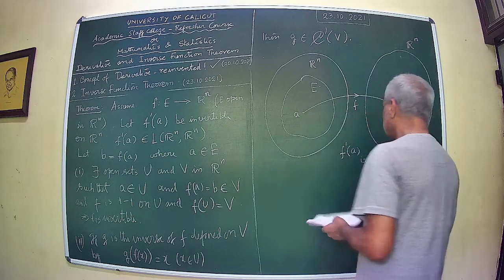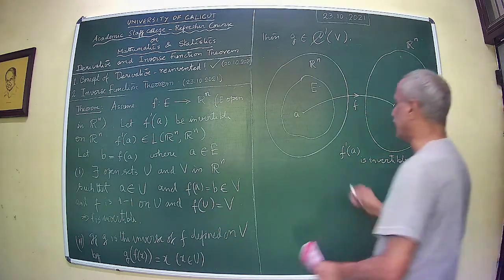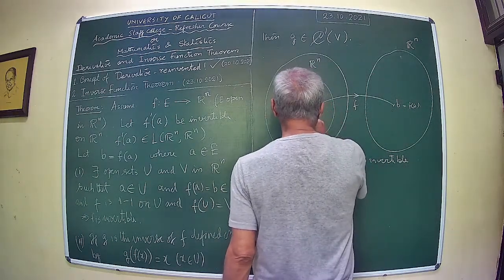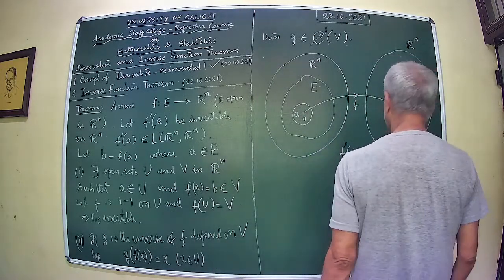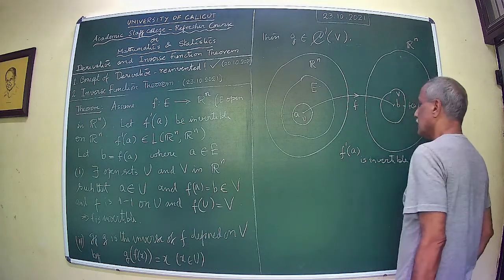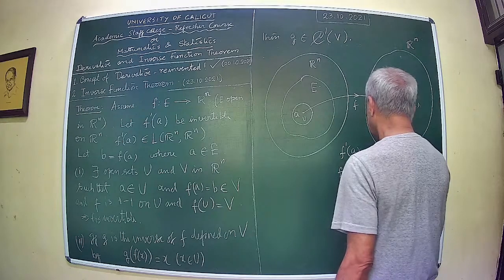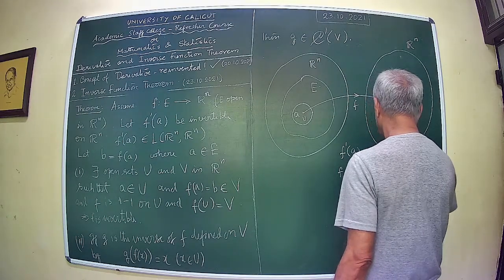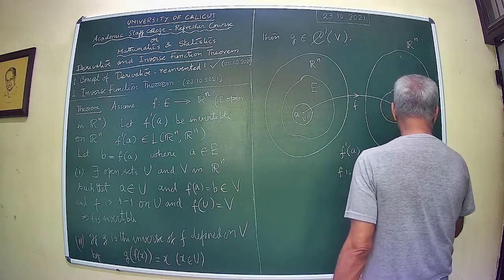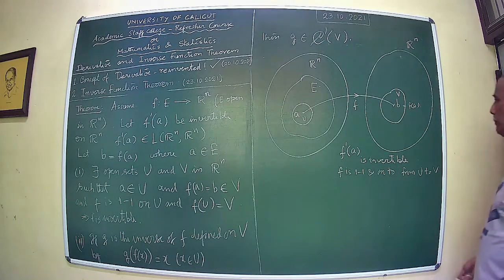Once it is assumed, there is an open set U containing A and an open set V containing B such that f is one-to-one and onto from U to V, so that the inverse map exists.